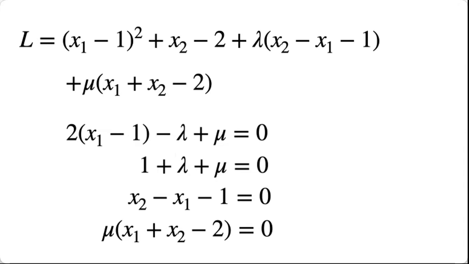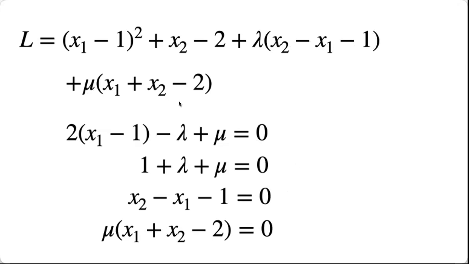Okay, we have 2 equations already. What else do we need? The first one is a Lagrange multiplier. Lambda is a Lagrange multiplier because we have an equality constraint on x2 minus x1 minus 1, so x2 minus x1 minus 1 must be 0.